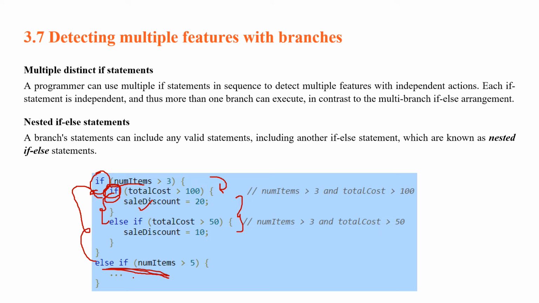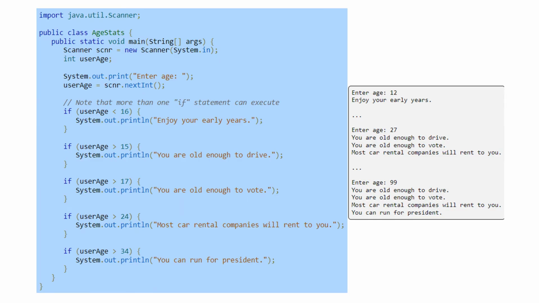Let's look at multiple distinctive statements. This is a simple example. Right here, there is a user input giving the user age. If the age is less than 16, the statement is printed.